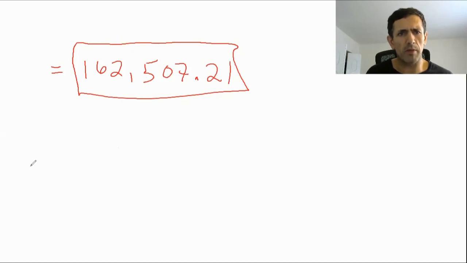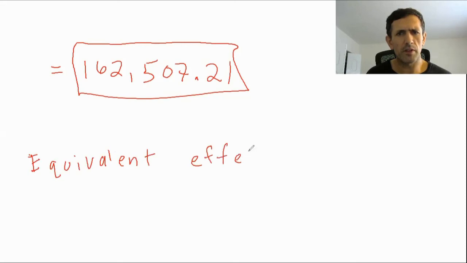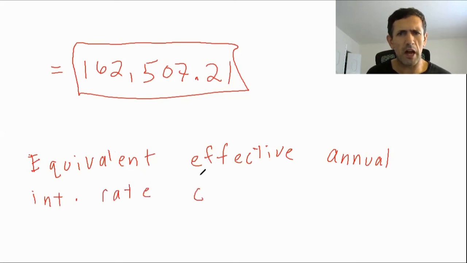So remember what that means. For the equivalent effective annual interest rate, let's call it I here. I already used I, but that's all right. Hope this doesn't cause confusion.